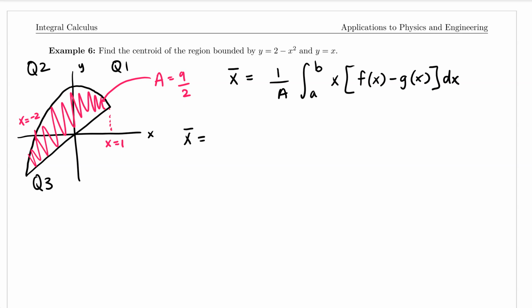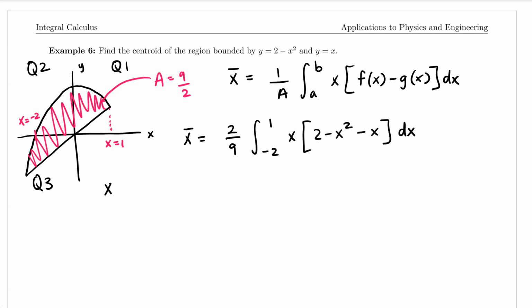So x bar is equal to, I'm going to take the reciprocal of the area, so we get 2/9 times the integral from -2 to +1 of x times f of x, or our upper curve, which would be 2 minus x squared, and then our lower curve is x.